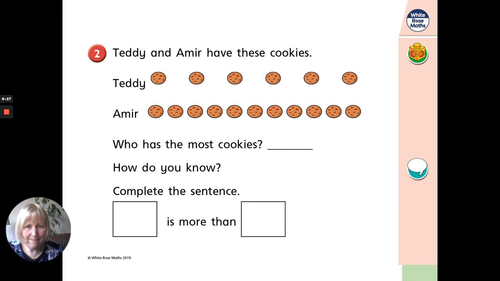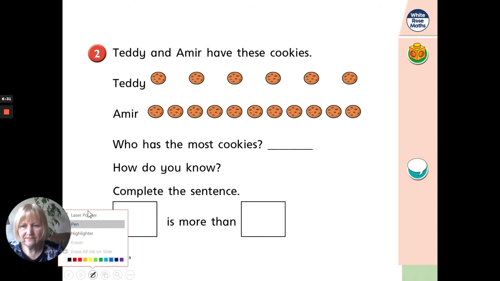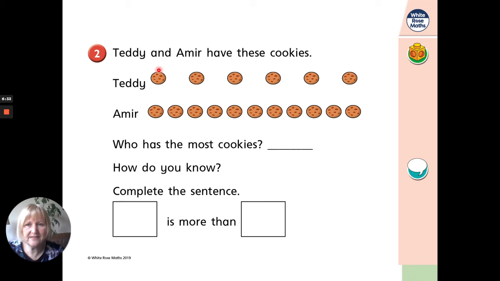Teddy and Amir have these cookies. Okay, so Teddy has 1, 2, 3, 4, 5, 6 cookies, and Amir has 1, 2, 3, 4, 5, 6, 7, 8, 9, 10, 11 cookies.